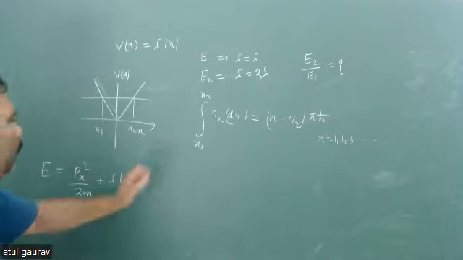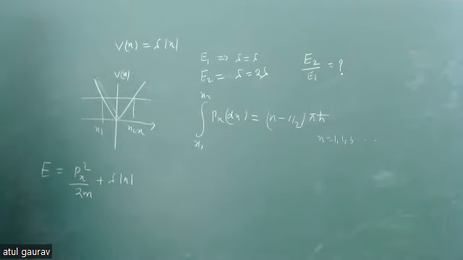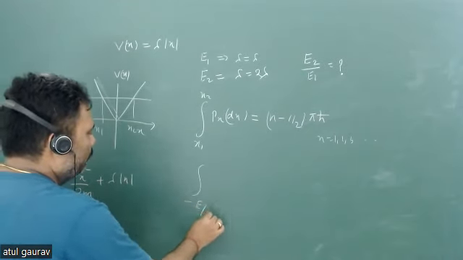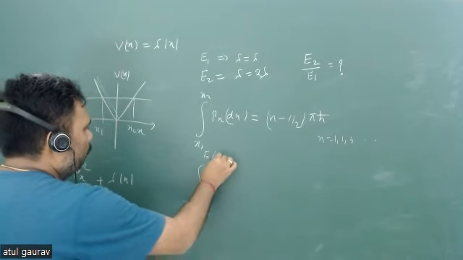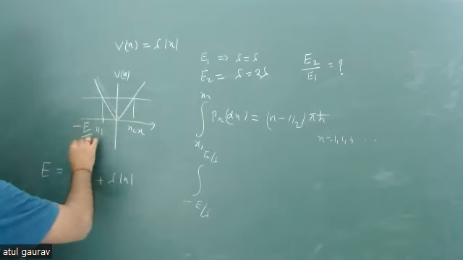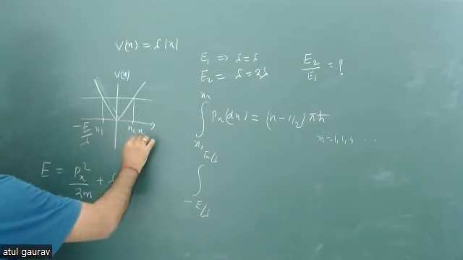नाउ व्हाट इज वैल्यू ऑफ x1? What is the value of x1? Minus e by lambda. Yes, sir. E by lambda. है ना? So you have to go from minus e upon lambda to plus e upon lambda. So this will be your minus e upon lambda, and this will be plus e upon lambda.